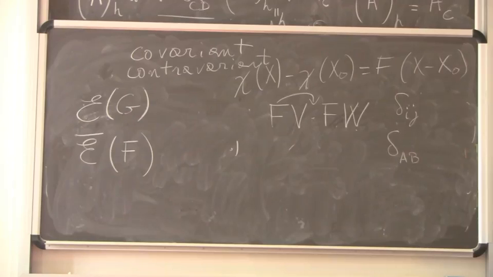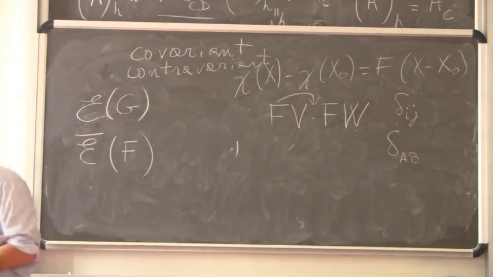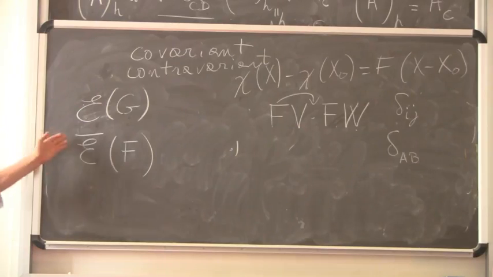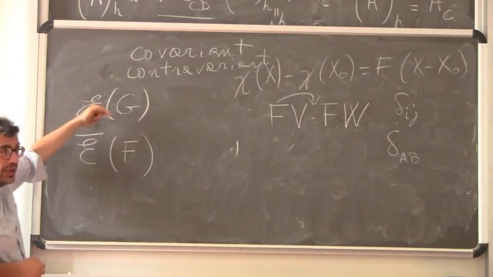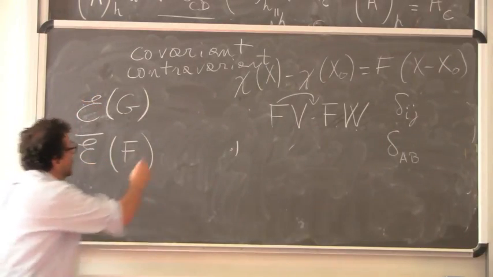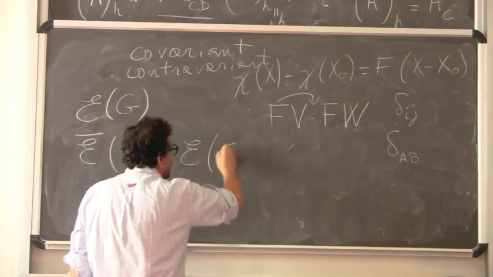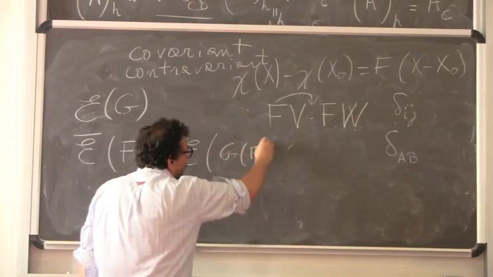So I want to underline that as G is a function of F, we know that the energy must depend only on G. But we can consider the composed function E bar of F in this way.